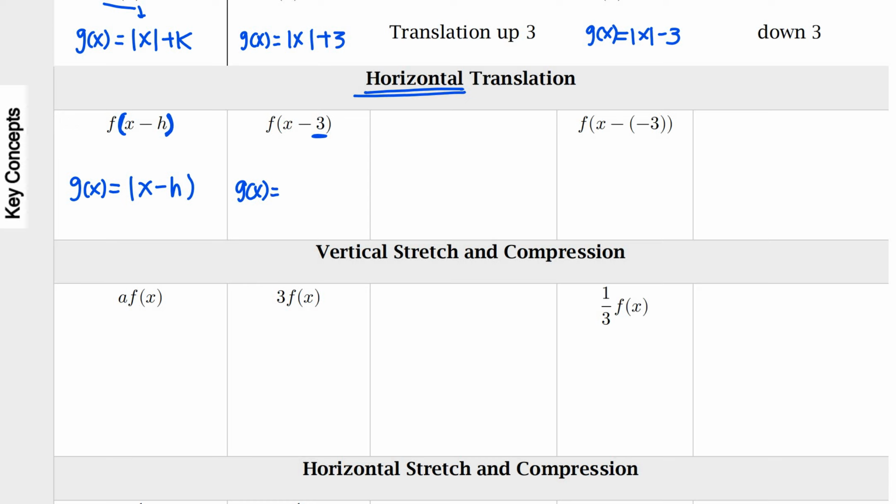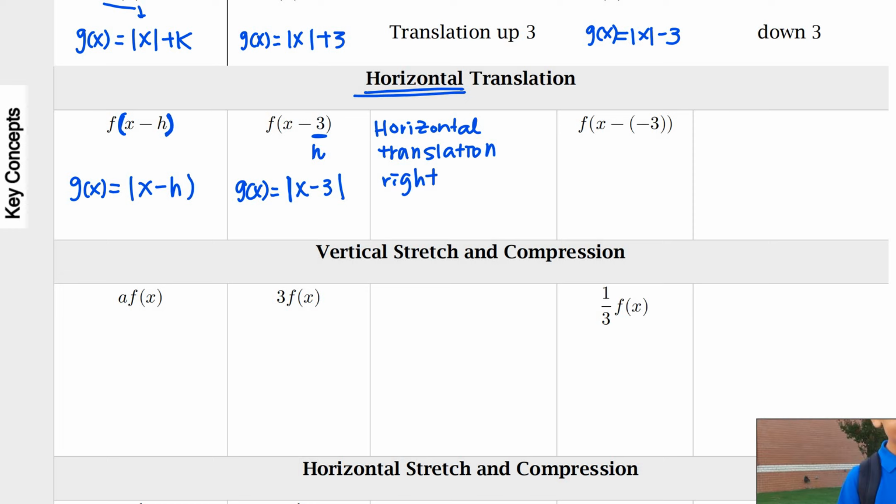The new absolute value function is moved to the left. Also this one is h, right? And that means horizontal translation right 3.